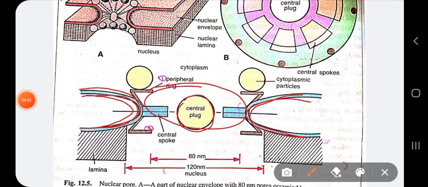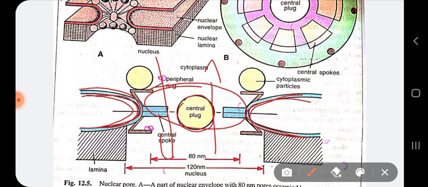Now, if I say more specifically about the function of the nuclear pore, within this nuclear pore there will be movement of molecules across the membrane from the nucleus to the cytoplasm and vice versa. Quite evidently, there is considerable trafficking across the nuclear envelope during interphase.